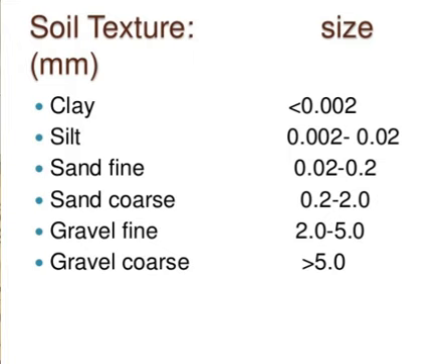What does this system denote? Clay particles having size less than 0.002 millimeter, then silt particles having size 0.002 to 0.02 millimeter in diameter, then fine sand having size 0.02 to 0.2 millimeter, then coarse sand having size 0.2 to 2.0 millimeter, then gravel having size 2.0 to 5.0 millimeter, and coarse gravel, also known as stones and pebbles, which are greater than 5.0 millimeter.